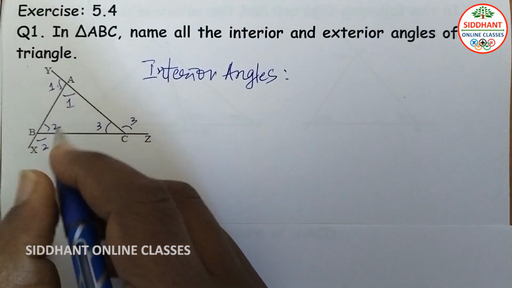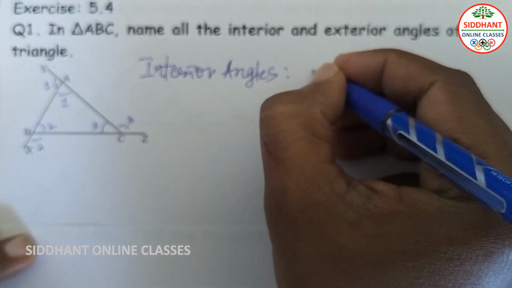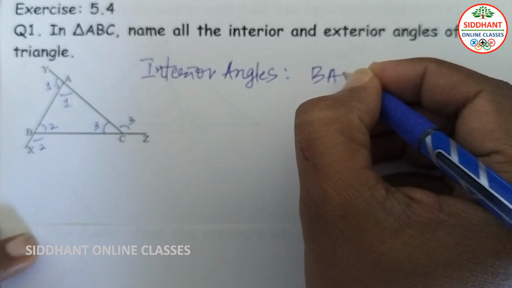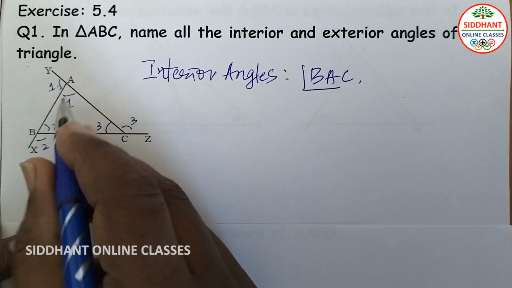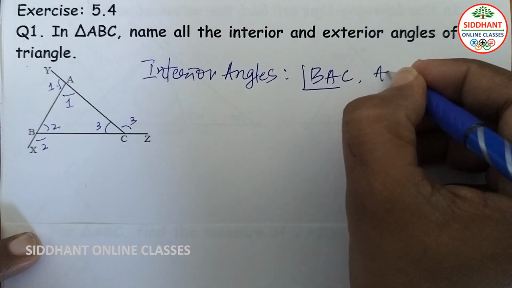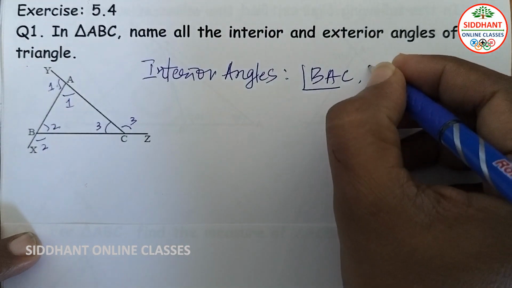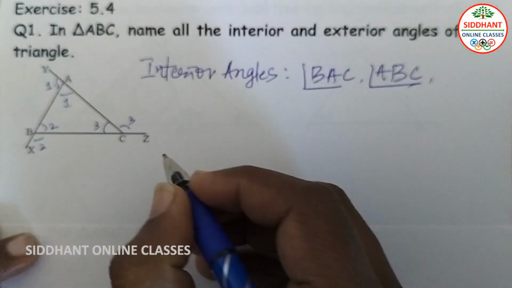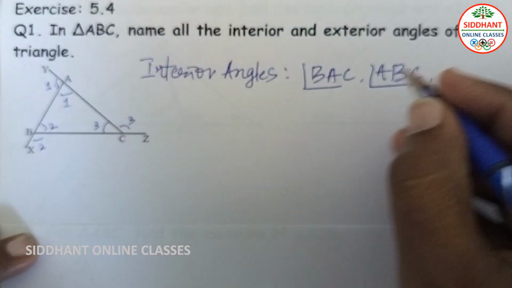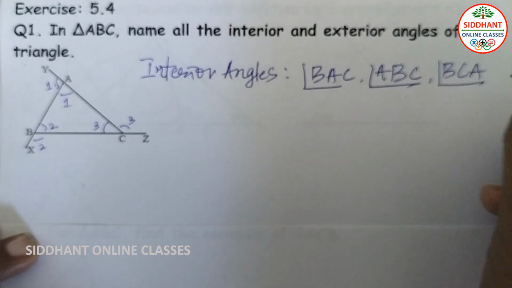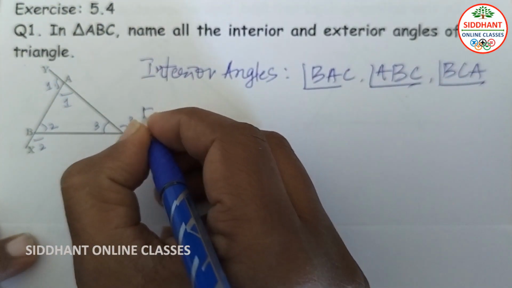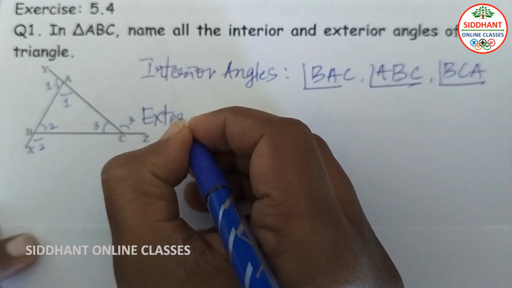The interior angles are angle BAC, next angle ABC, and the third one, angle BCA.